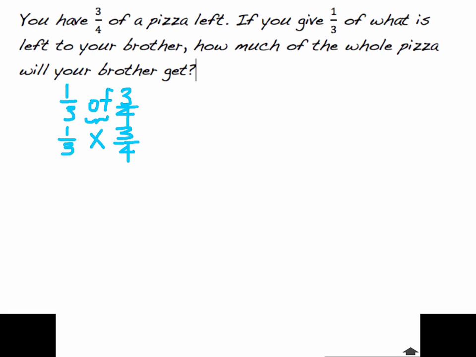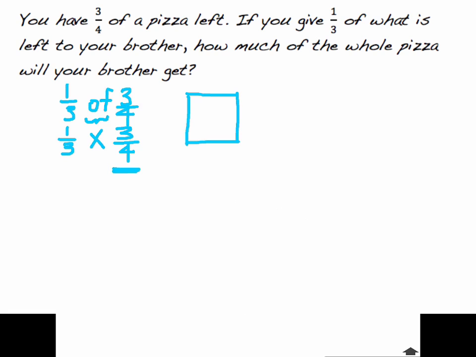So first, to use our area model, we need to draw a square. And we'll try and make it as precise as we can. And I'm going to look at the 3/4 first. Because really my sentence is telling me I only want 1/3 of the 3/4.